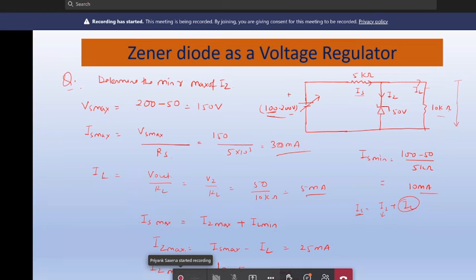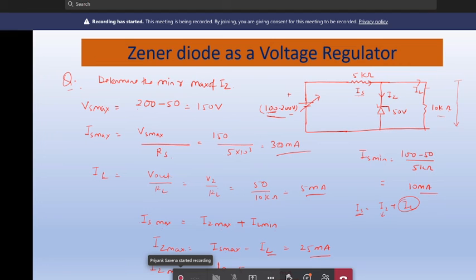So IZ max will be IS max minus IL. So that will be 25 milliampere, just putting these values, and IZ min will be equal to 10 minus 5. It's because IZ min will be equal to IS min minus IL max. So since the load is fixed, IL is fixed at 5 milliampere, right? So we will get this IZ and IL.